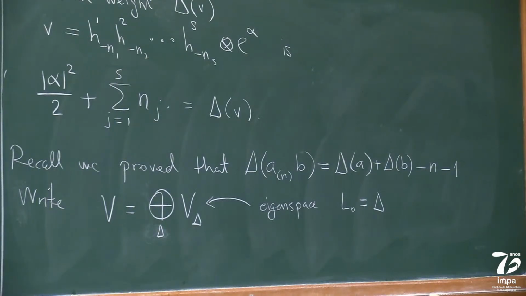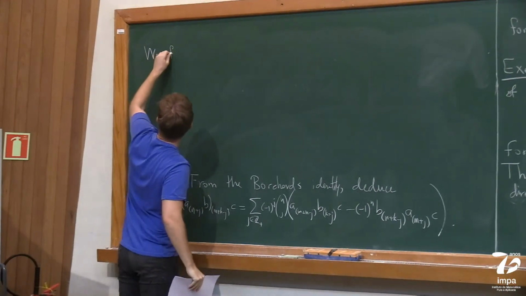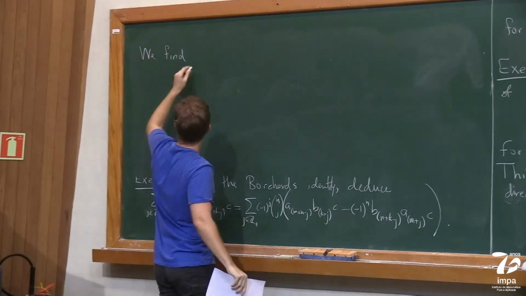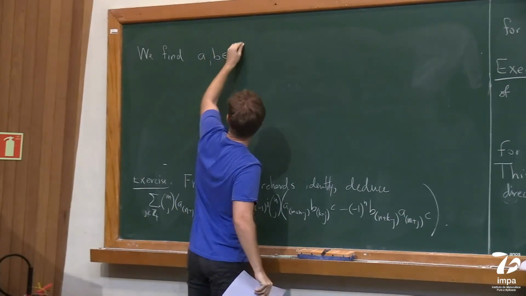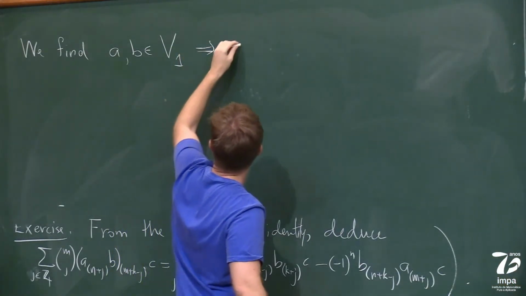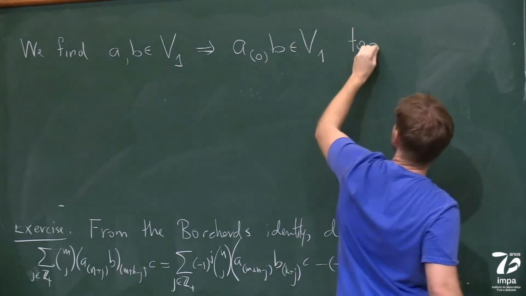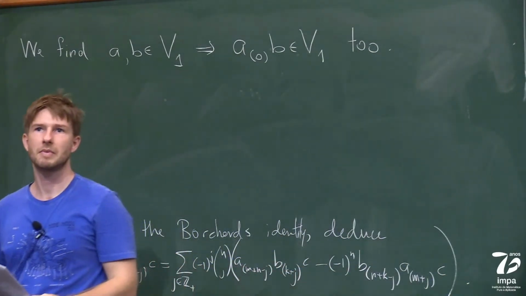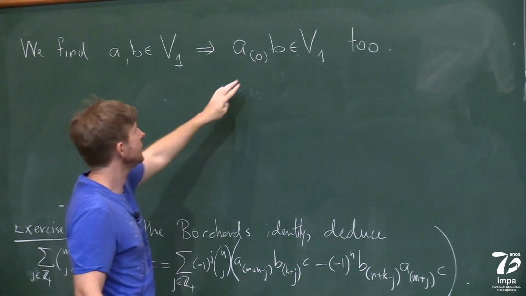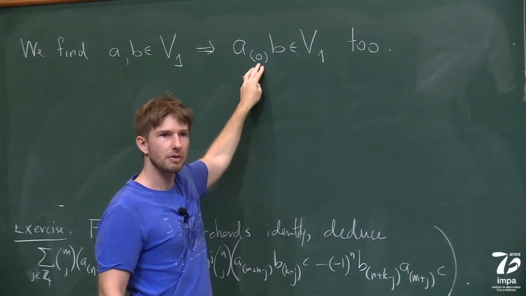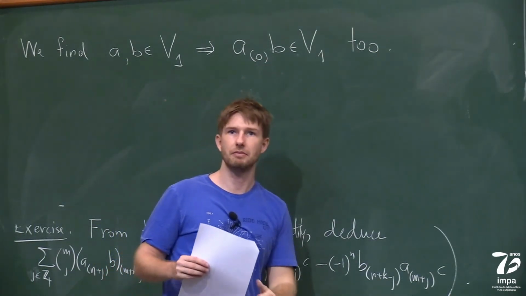Something kind of special happens when delta equals 1. So I mean, it's easy to check. The zero product apparently preserves the subspace of conformal weight 1.